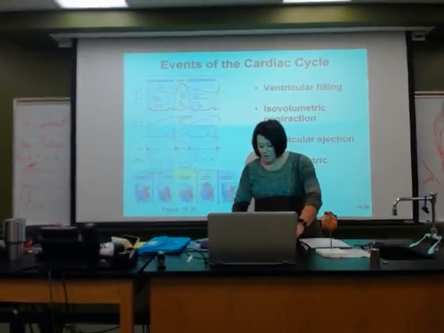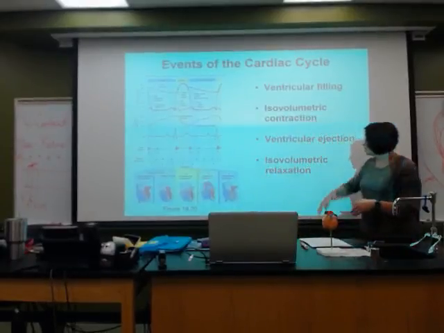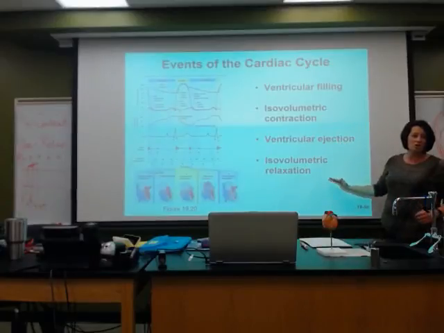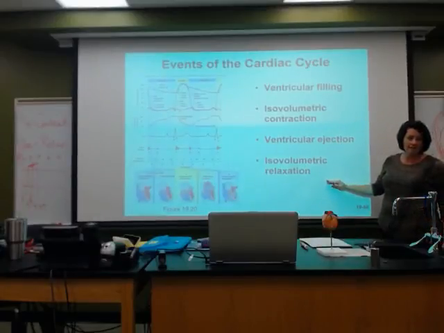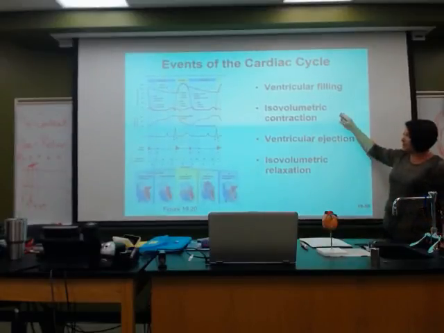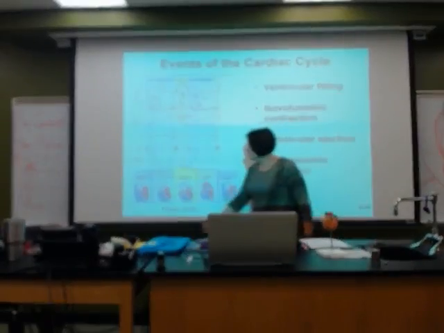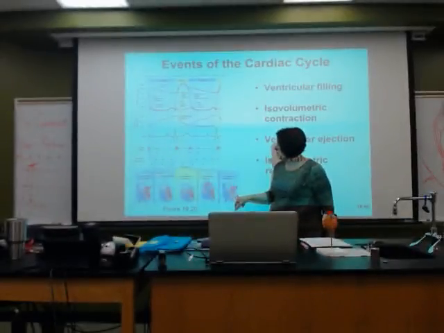So now, these are our 4 events that should be occurring in this cardiac cycle. If they are taking place at the correct time, there will be certain events occurring in the ventricles of the heart.